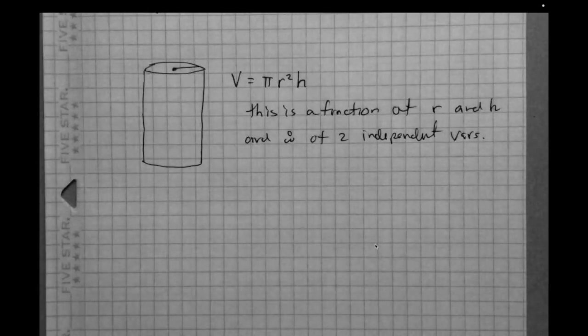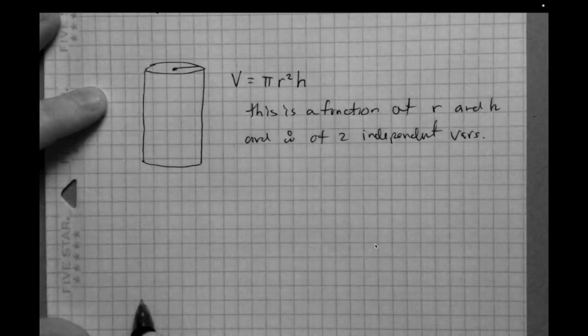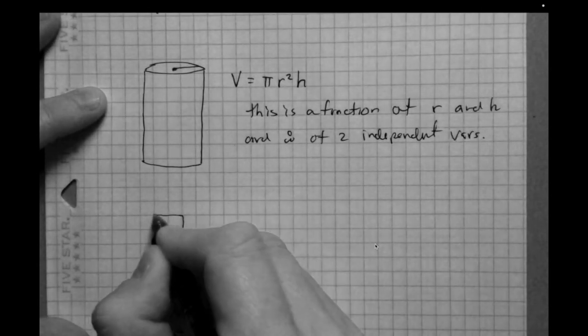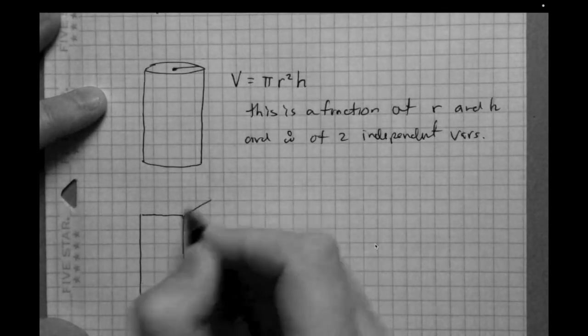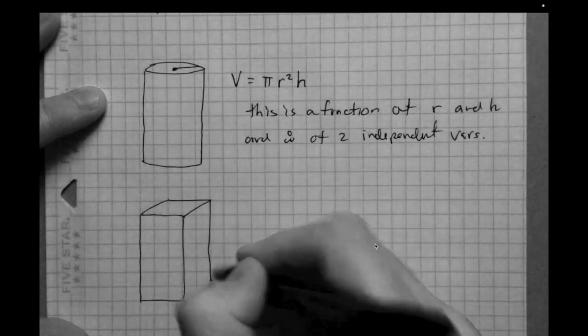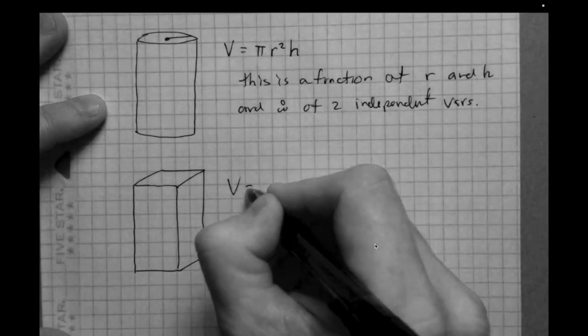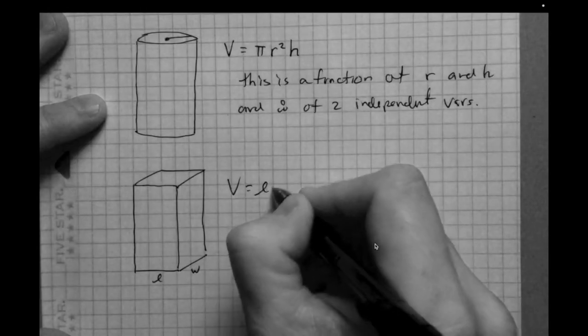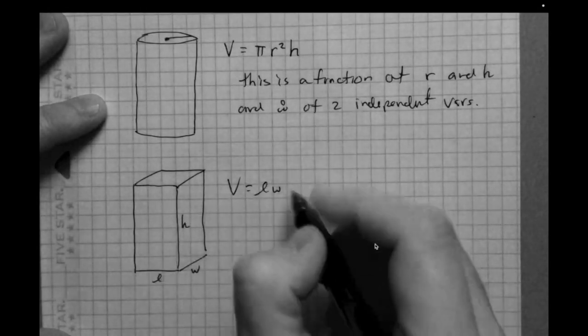One that we've seen. Also, another one would be like the volume of a rectangular solid. If you take some kind of rectangular solid, maybe something that looks like this, the volume there is equal to the length times the width times the height.